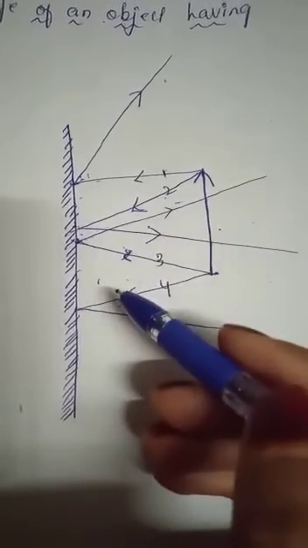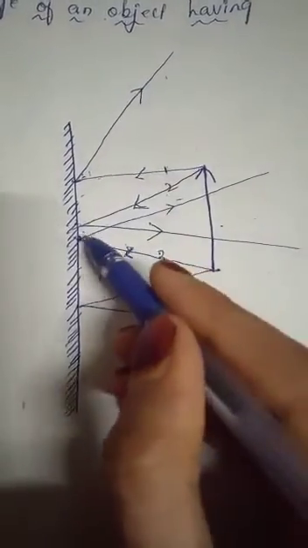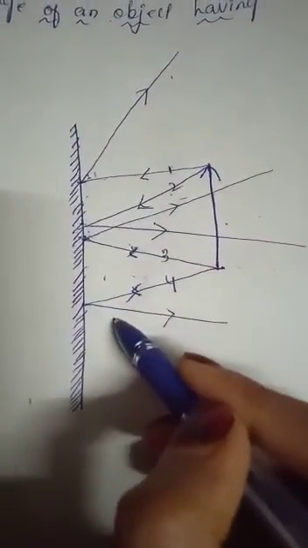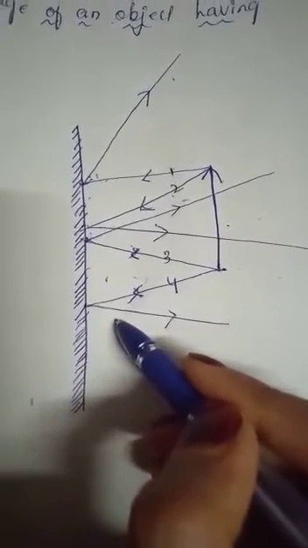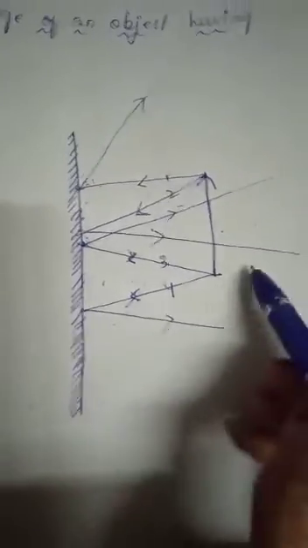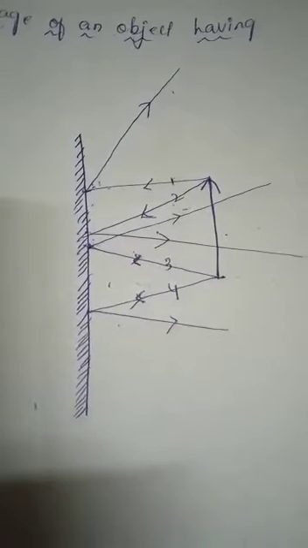Similarly ray 3 and ray 4 are diverging. Diverging rays will not meet. If the rays meet, then we can get the image, and such an image is called a real image. If the rays are diverging, we can't get an image on the surface.